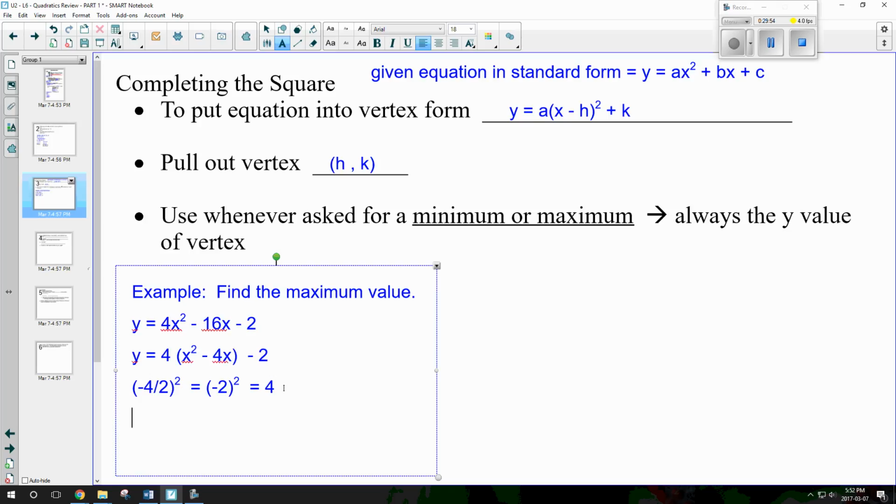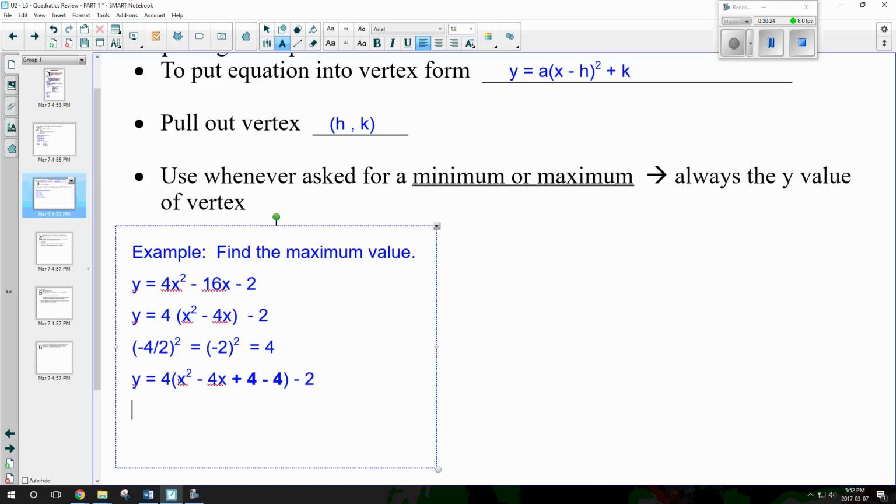Now that we've squared it, this is the 4 that we need here, and inside of our brackets we add and subtract that number. So we do plus 4 and minus 4. And remember, the plus always has to come first. Plus first, then minus. And then our negative 2 still trails at the end after the bracket.